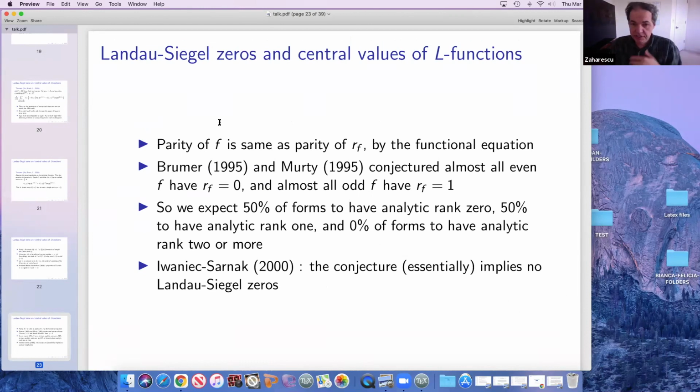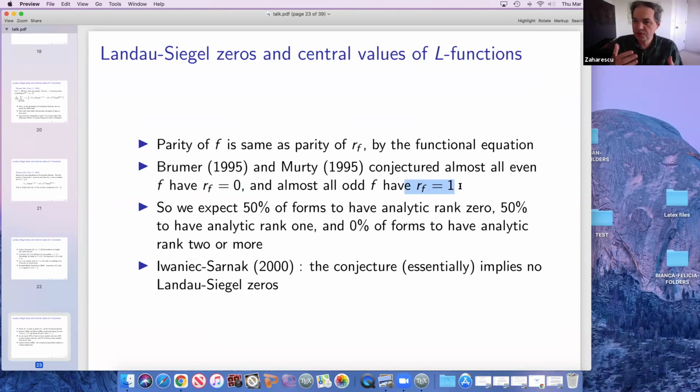Brumer 95 and Murty 95 conjecture the best possible result here, meaning that if you look at the even f's, almost all even f's, the L-function doesn't vanish. So the analytic rank is 0. And almost all the odd ones have analytic rank 1.